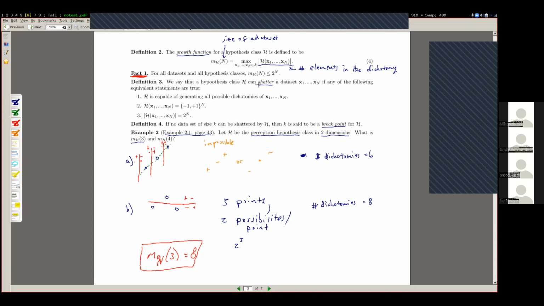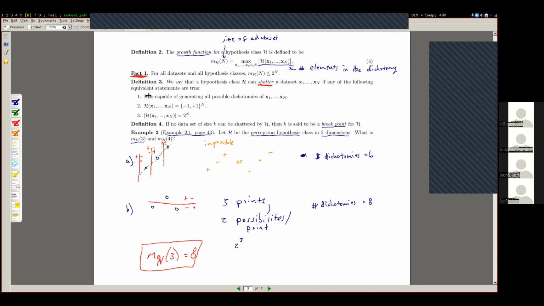Let's think about this word shatter right here. This is something we didn't talk about last time. We say that a hypothesis class H can shatter a data set if any of the following equivalent statements is true. So H is capable of generating all possible dichotomies on x1 to xn. We know that the maximum number of dichotomies is 2 to the n, so here the size of the set of dichotomies equals 2 to the n.